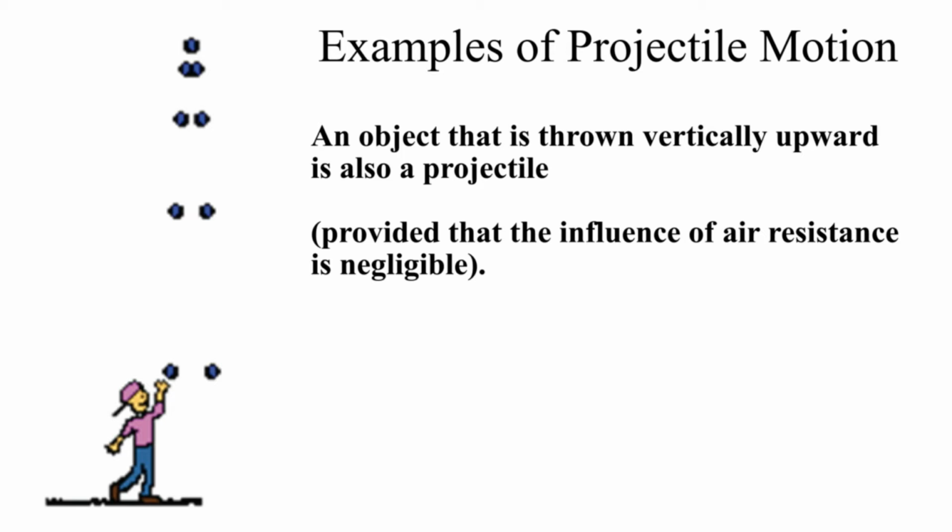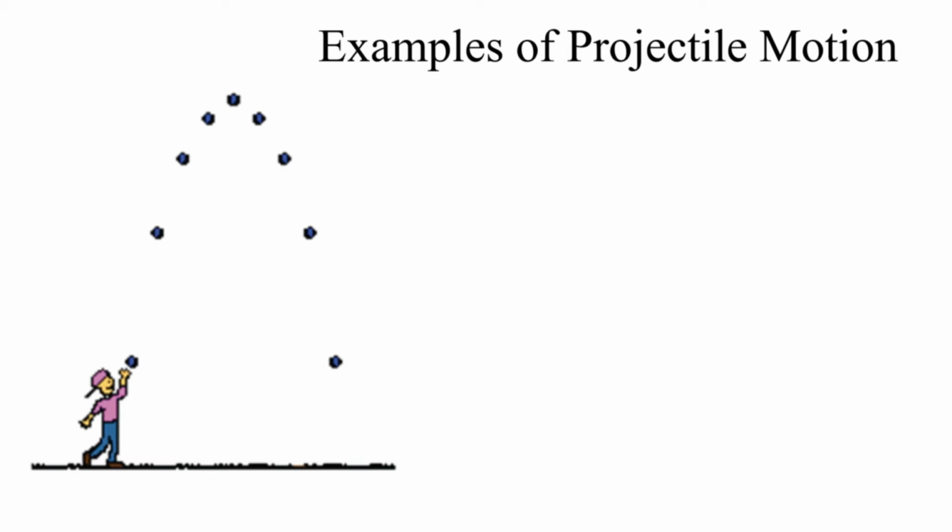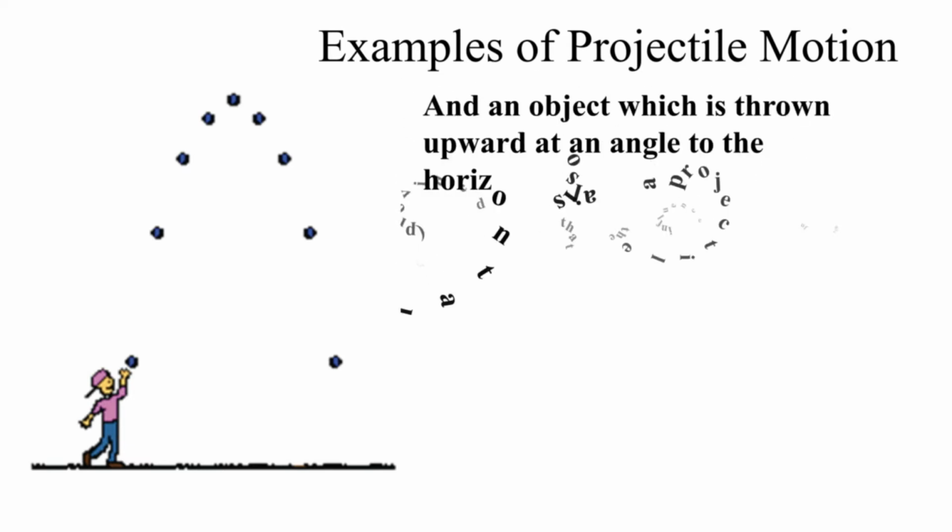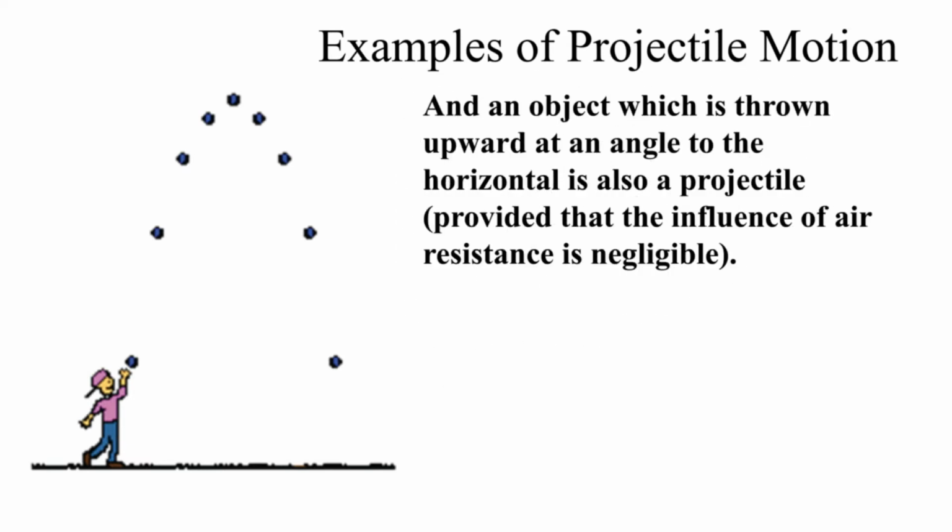Now let's move ahead and see an object which is thrown upward at an angle to the horizontal is also a projectile, provided that the influence of air resistance is also negligible. In the first scenario, the object was being dropped.